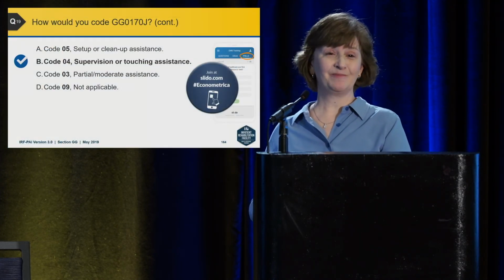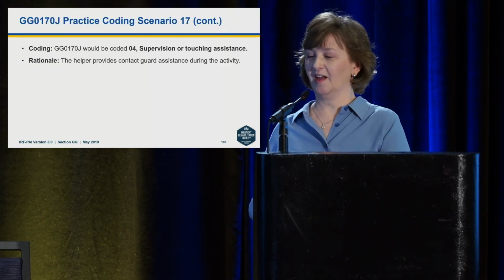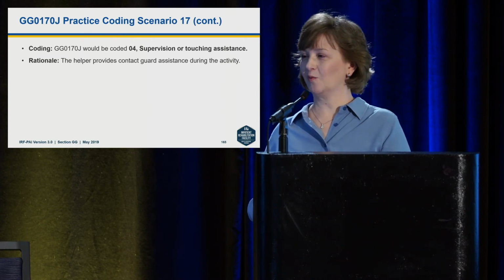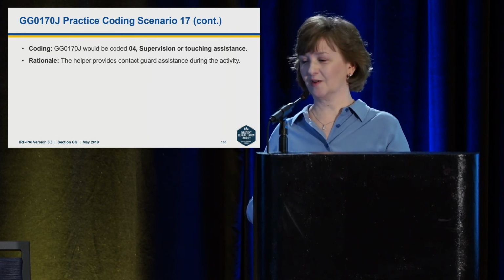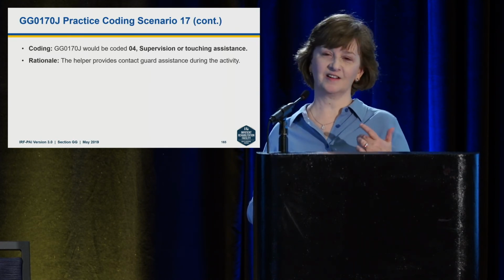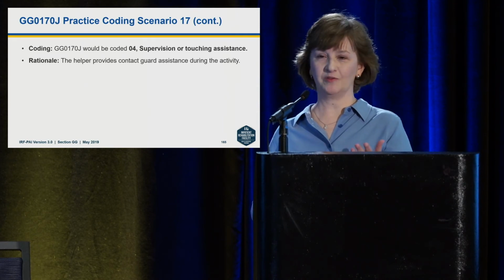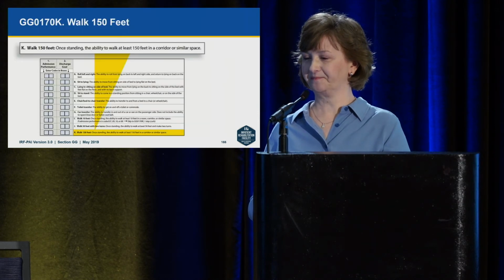All right, and indeed, most of you coded 4, and that is the correct answer. So the helper provides contact guard during the activity. As I think many of you are aware, the code 4 includes supervision, any kind of touching assistance, so standby assistance, contact guard. There's lots of different terms, steadying assistance, that you may be using in clinical practice, and those would all be coded level 4.